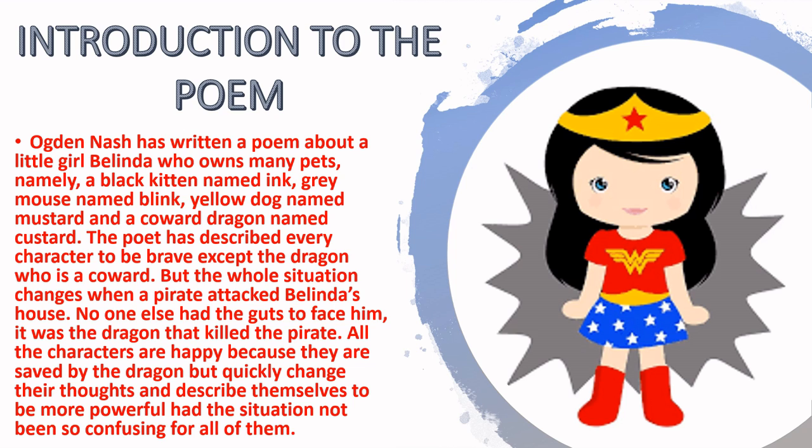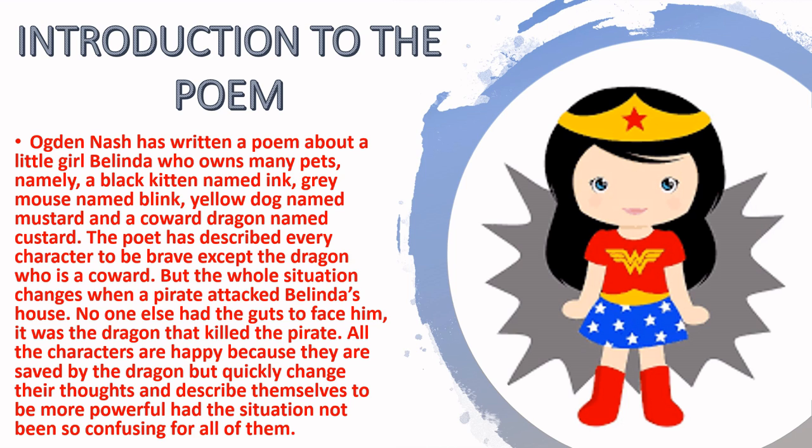But the whole situation changes when a pirate attacks Belinda's house. No one else had the guts to face him. It was the dragon that killed the pirate. All the characters are happy because they are saved by the dragon, but quickly change their thoughts and describe themselves to be more powerful, had the situation not been so confusing for all of them.